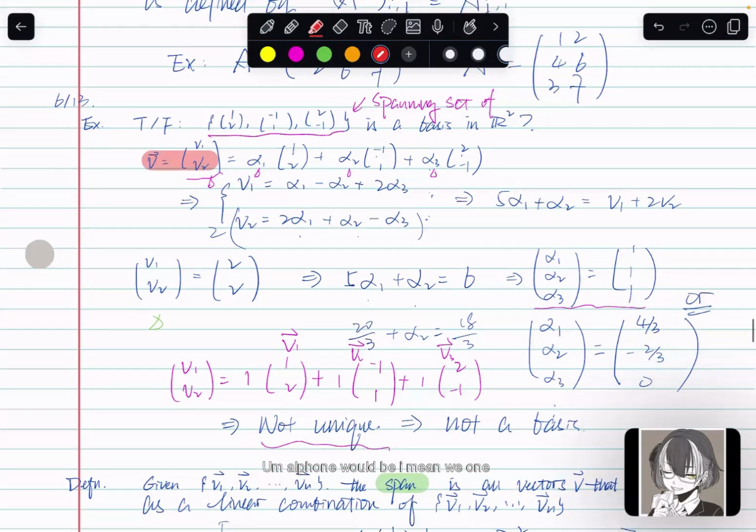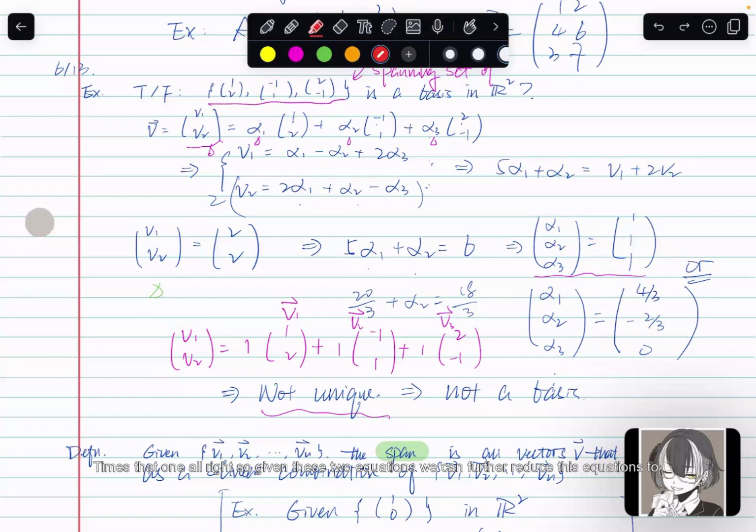Then v1 would be equal to alpha 1 times 1, alpha 2 multiplied by negative 1, alpha 3 multiplied by 2, and sum of them. And similarly, v2 would be equal to alpha 1 times 2 plus alpha 2 times 1 plus alpha 3 times negative 1.